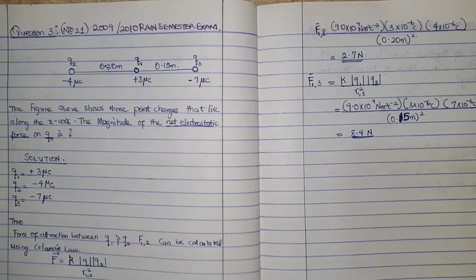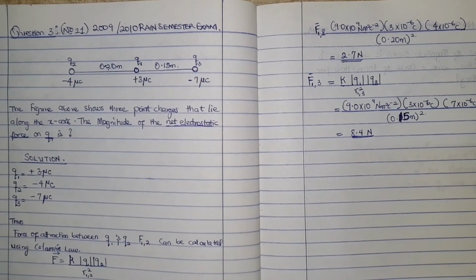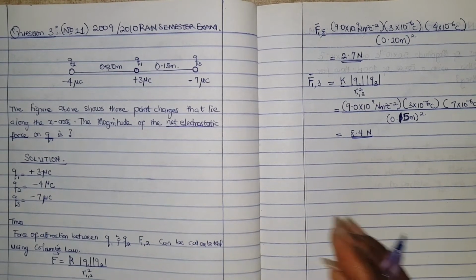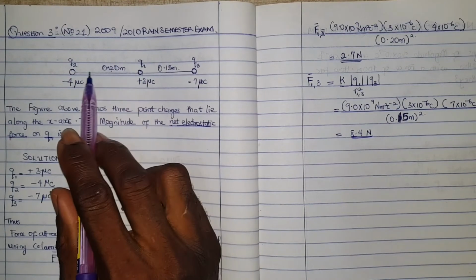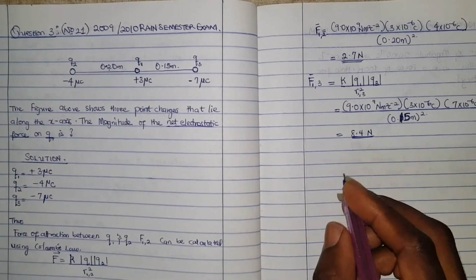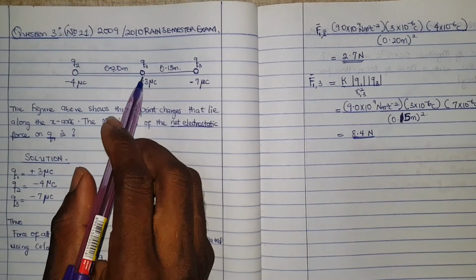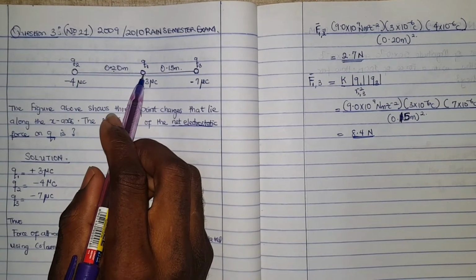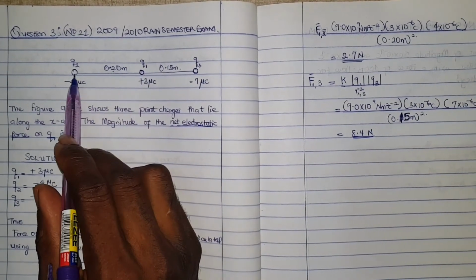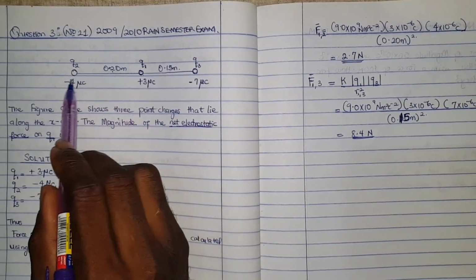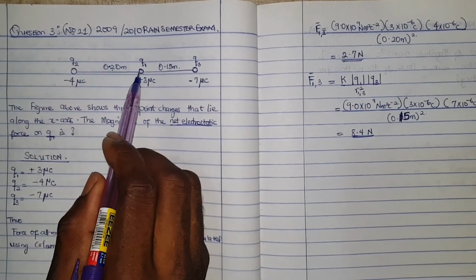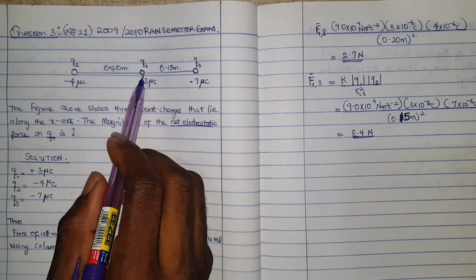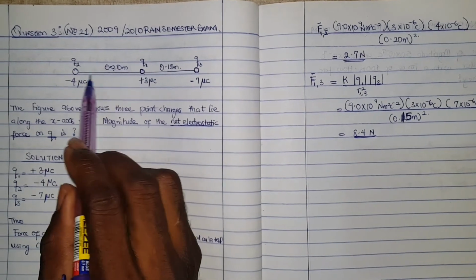Now, to find the net force, we need to know the direction of each force. For Q1 and Q2, that is F of 1 due to 2, we observe that Q1 will move in the direction of the negative x-axis, towards this direction, because it is an attractive force between the two.